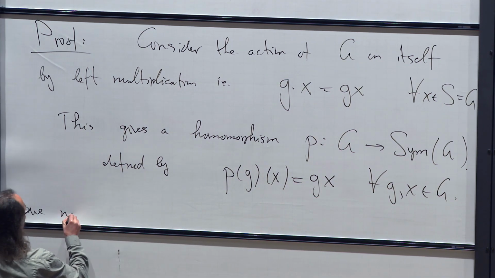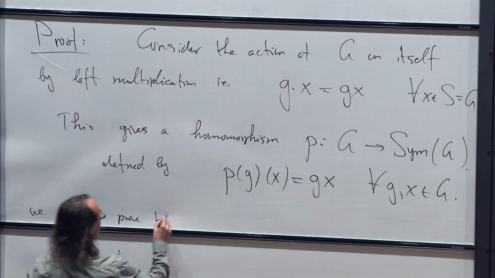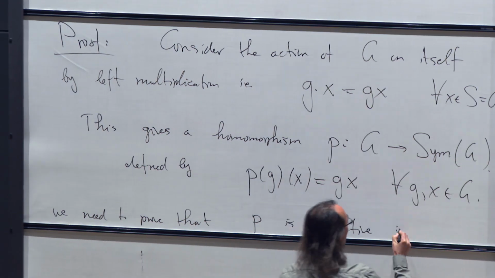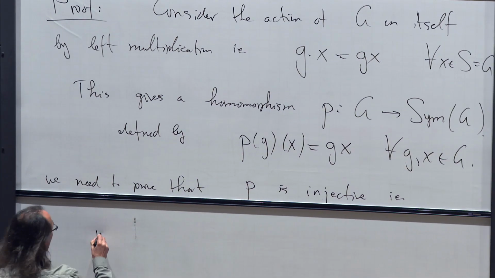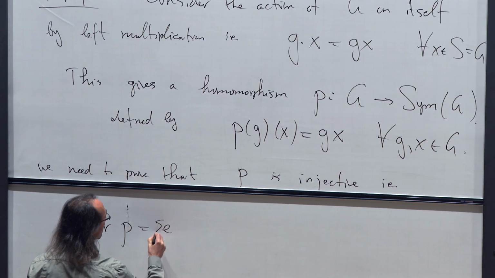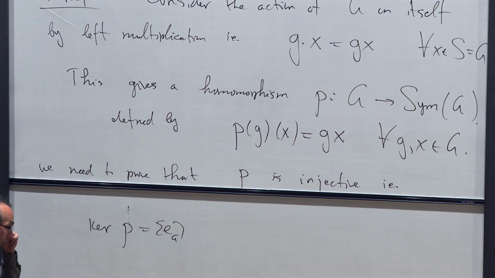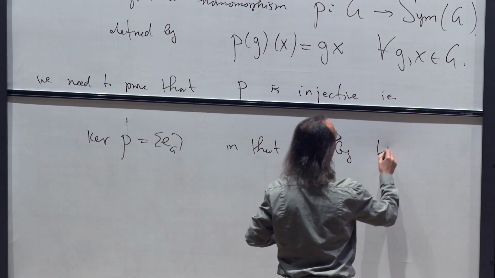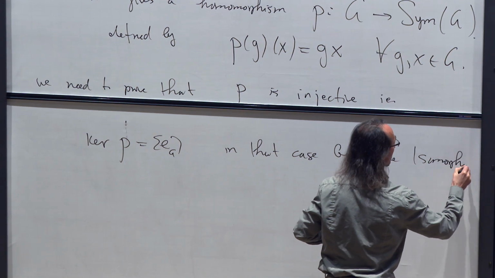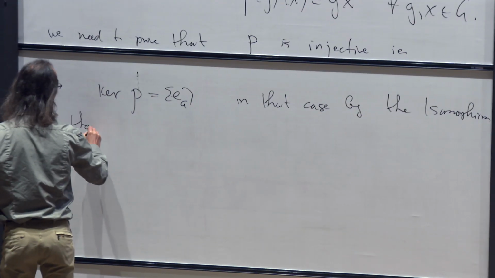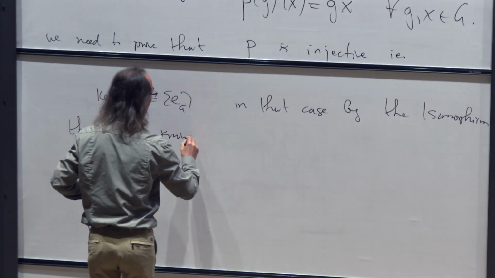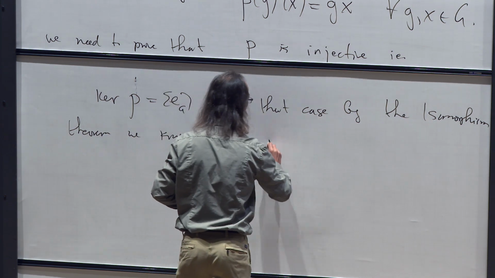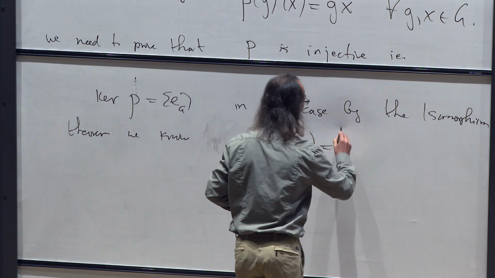We need to prove that rho is injective, i.e. the kernel of rho is the identity of G. In that case, by the isomorphism theorem, we know that the image of G, let me call it rho of G, this is the image of rho.